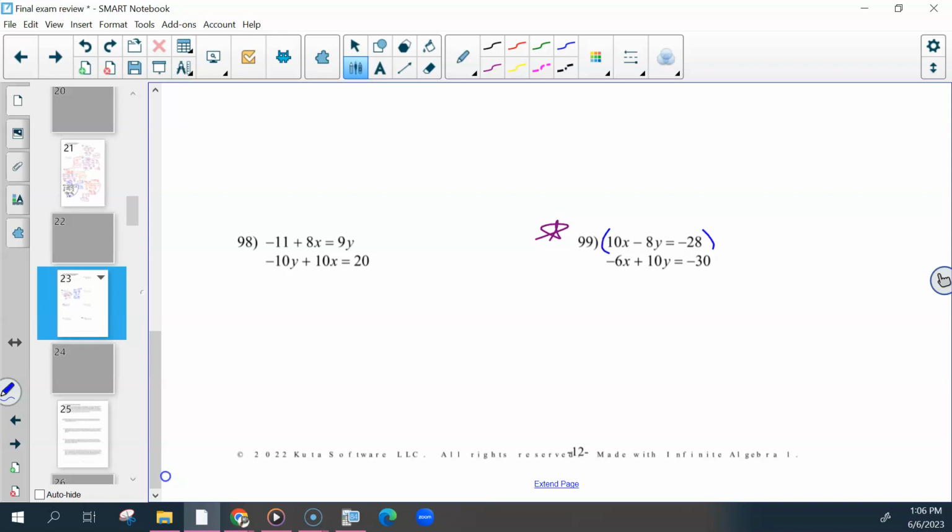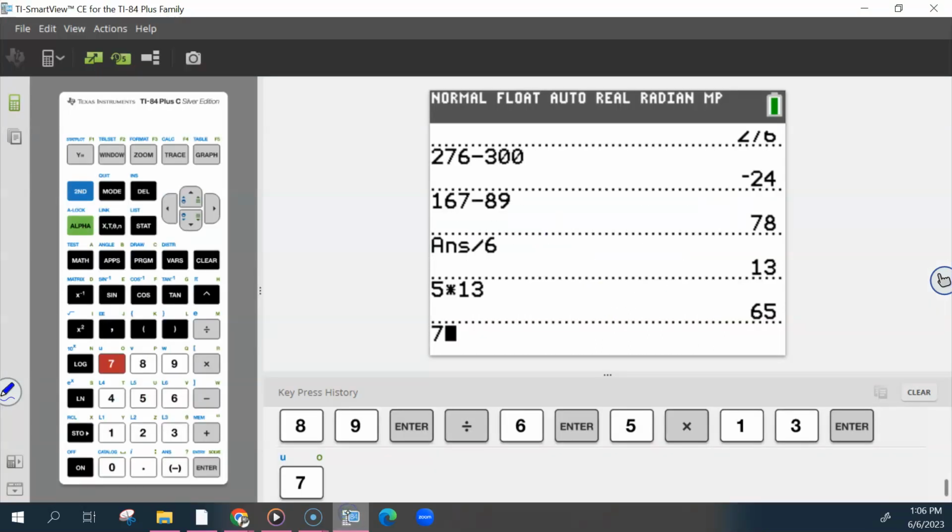Multiply this row by 6 or negative 6, and then multiply the other one by 10 or negative 10. So both equations would change. We have 60x minus 48y equals whatever that is.